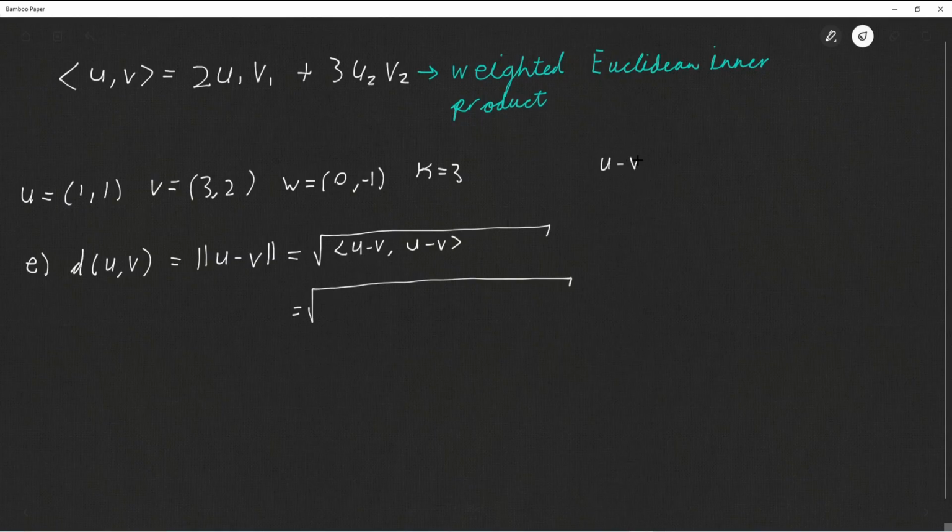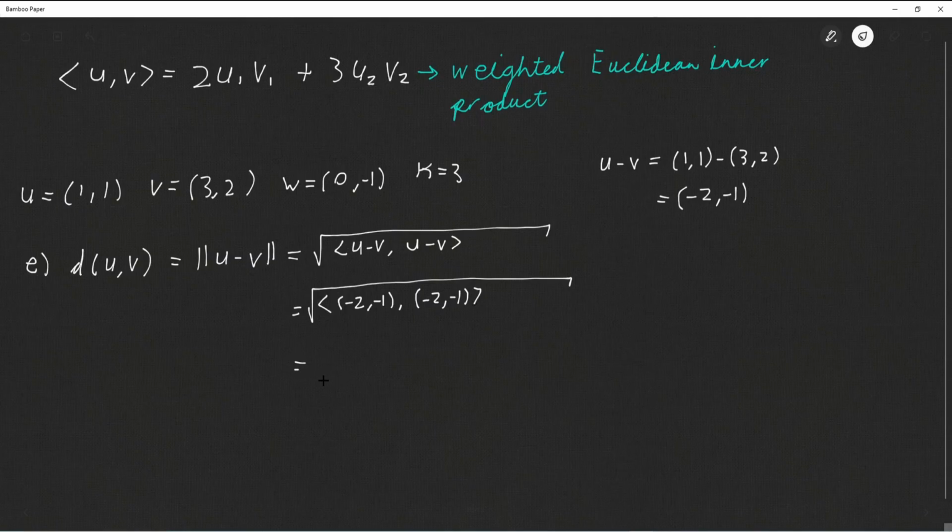So u minus v is going to be equal to 1 and 1 minus 3 and 2, which gives us negative 2 and negative 1. So now we have the inner product of negative 2 and negative 1 with, again, negative 2 and negative 1.